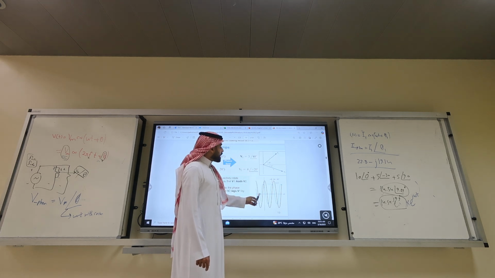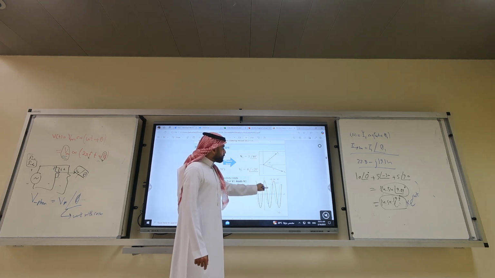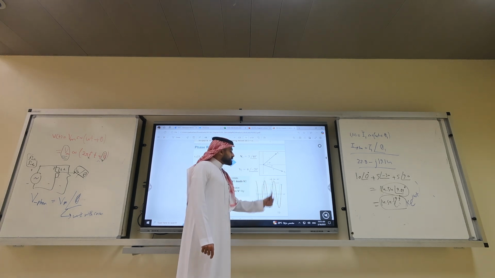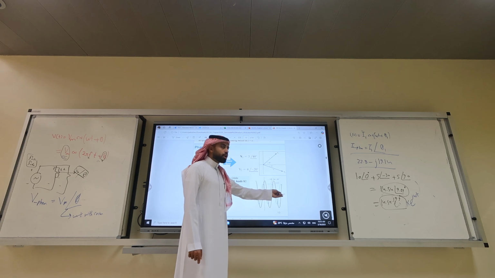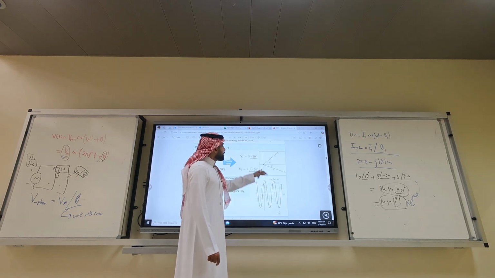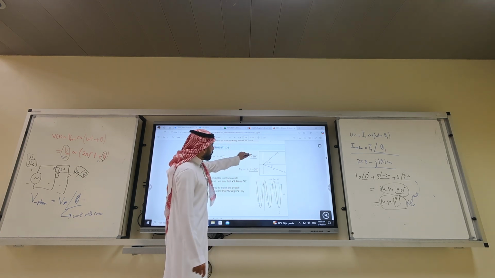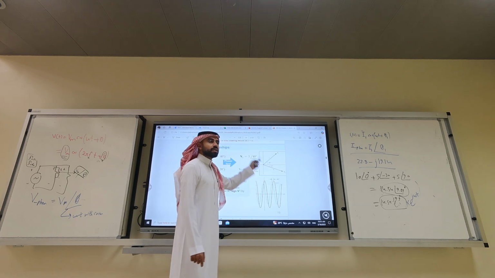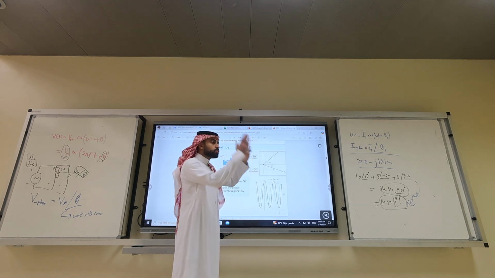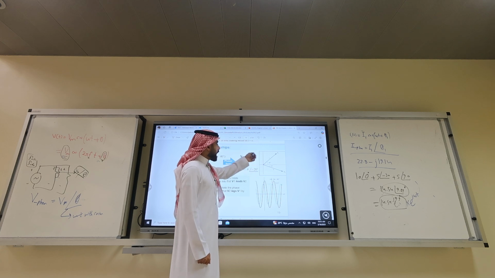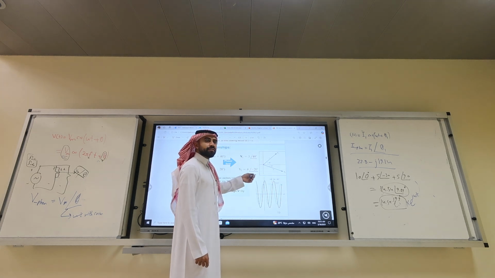If you put them in real time, you will notice that the blue one, V1, has its peak ahead of V2 by 60 degrees. I know, this is in omega t, not in t. How did you do that? It's just 40 minus 20. So you can know the phase shift between two signals by subtracting the angles of the phasors.